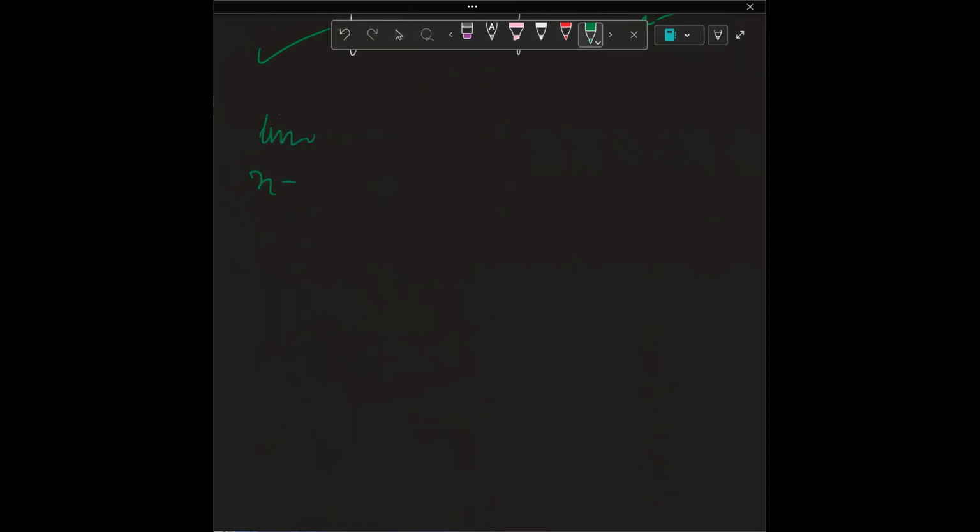Limit x tending to pi by 2, k cos x over pi minus 2x, and this should be equal to the function value at pi by 2. So इसको सॉल्व करते हैं.